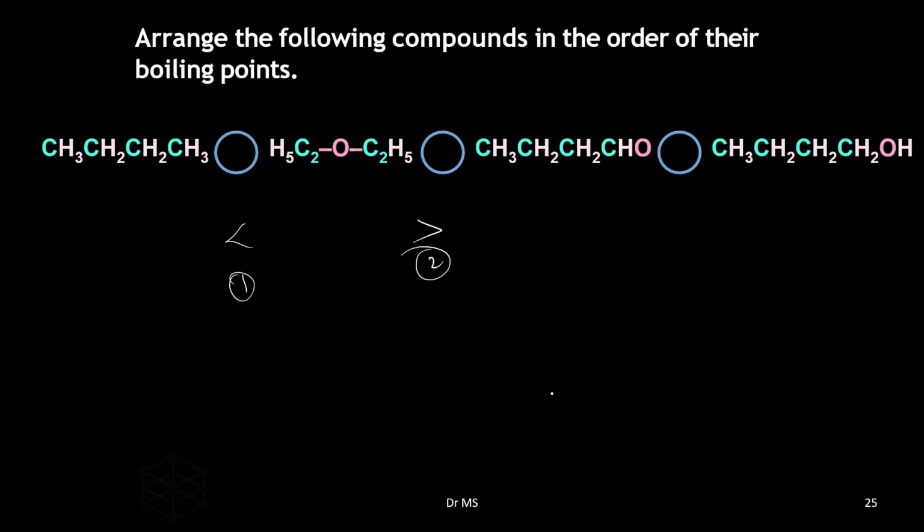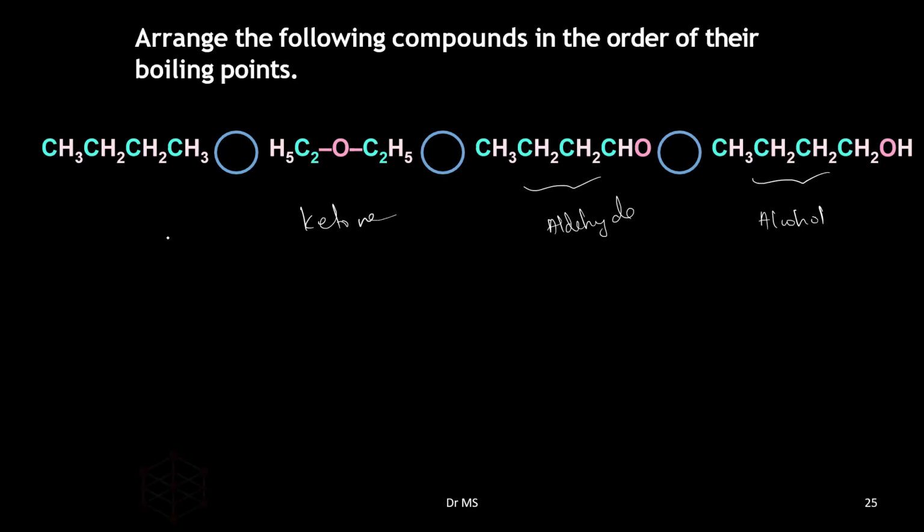Okay, see here, what is this? This is an alcohol. And what is this? Aldehyde. And this? Ketone. And this? Alkanes. Let's see what the order is. Before that, there is intermolecular hydrogen bonding present in alcohols.